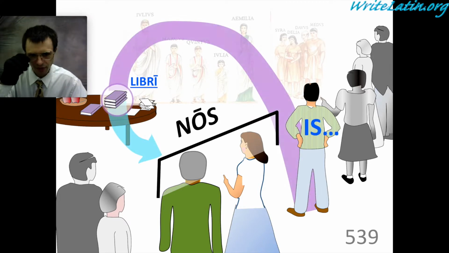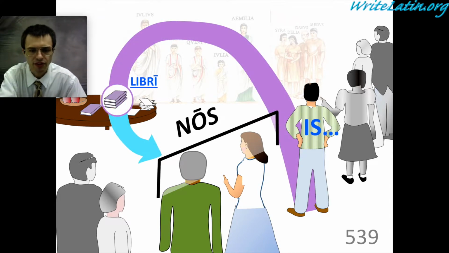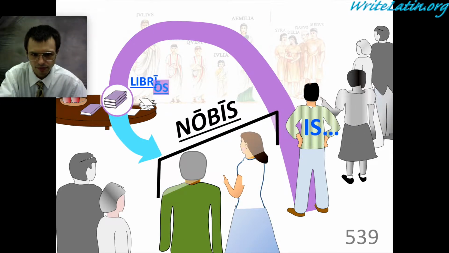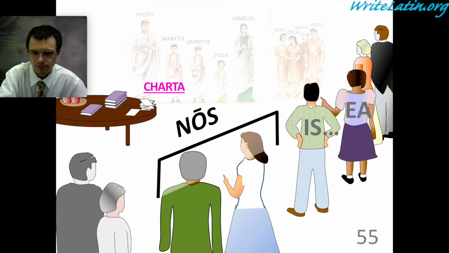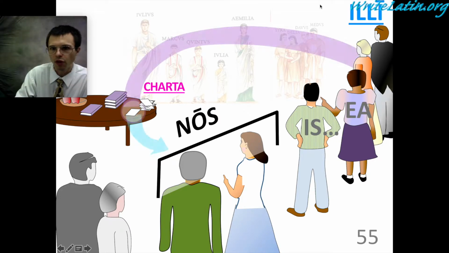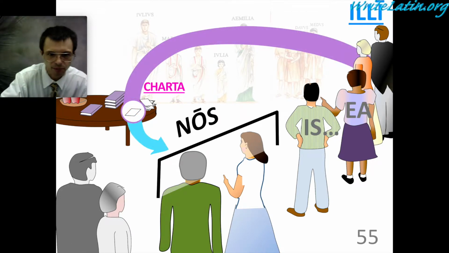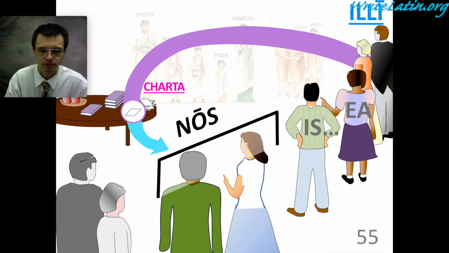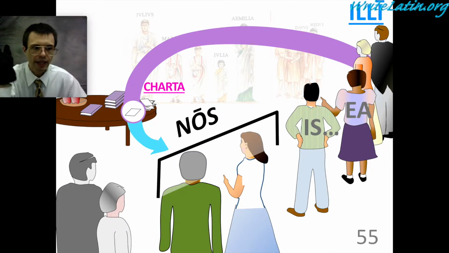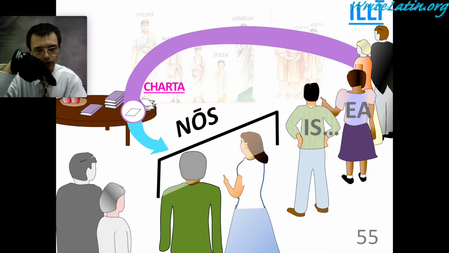Alrighty, so he gives the books to us. Should be pretty simple. What about those ones over there give the paper to us? So think it through. First the doer, then the final recipient, then the thing given as part of the verb.